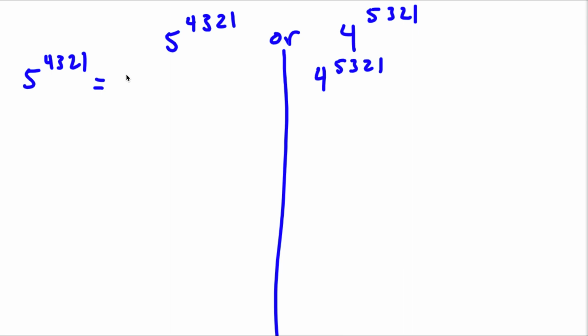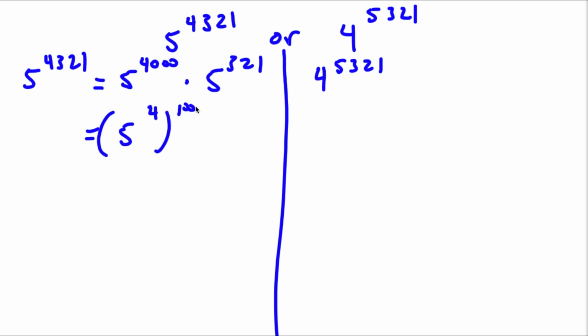Now this is the same thing as 5 to the power of 4,000 times 5 to the power of 321. And 5 to the power of 4,000 is the same thing as 5 to the power of 4, to the power of 1,000. Now I have this times 5 to the power of 321.